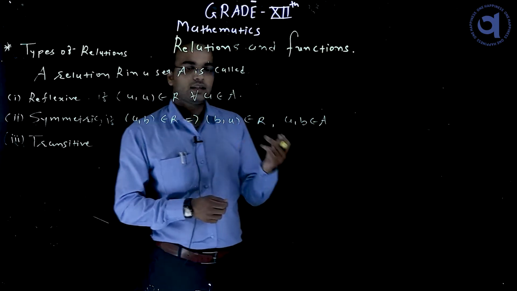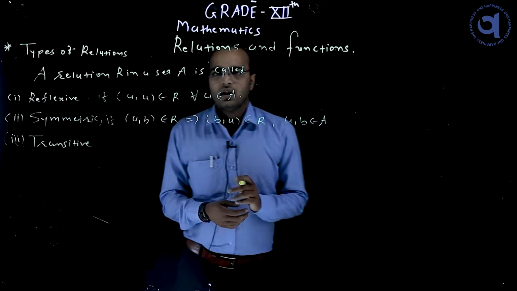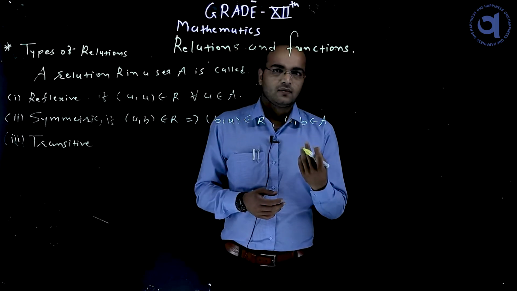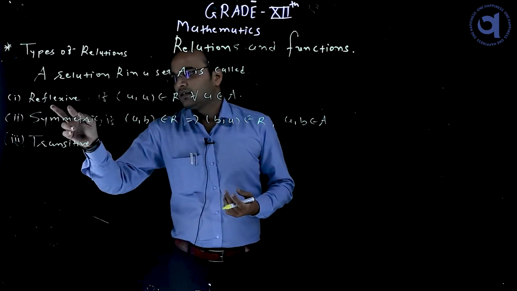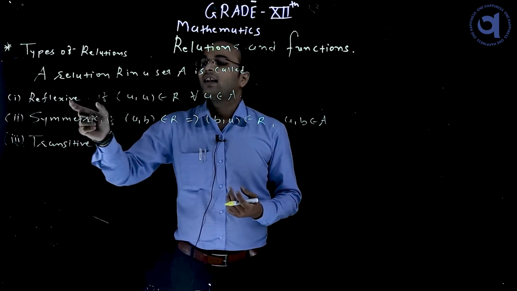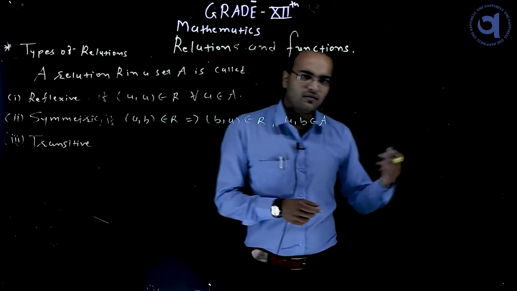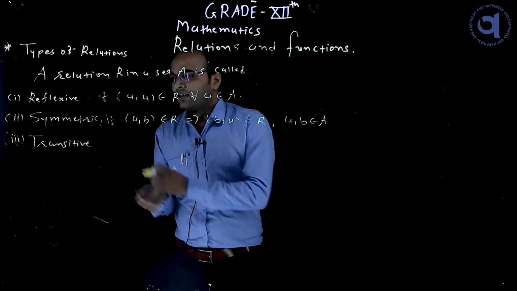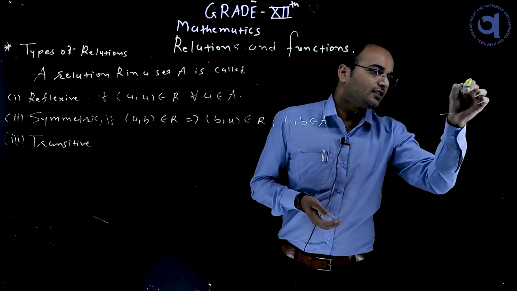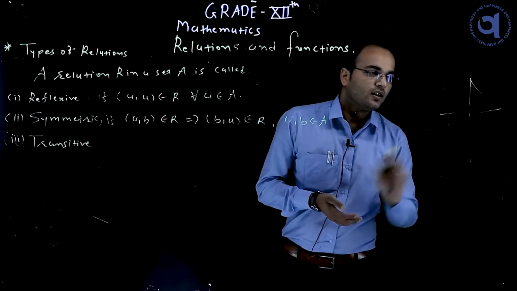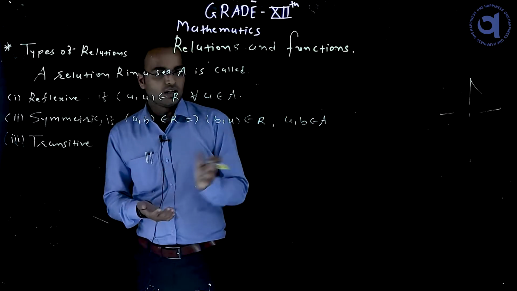A symmetric relation on the given set. For reflexive, think of standing in front of a mirror, and you see the image of yourself. So you can relate reflections and reflexive: (a, a) belongs to R. And this one is symmetry. In lower standards you draw the drawing of symmetric figures. Like that you can correlate.